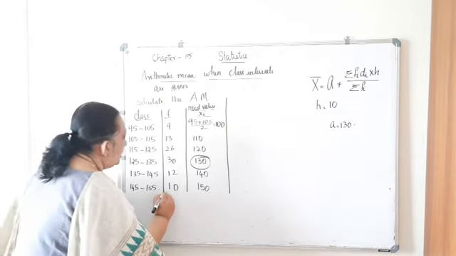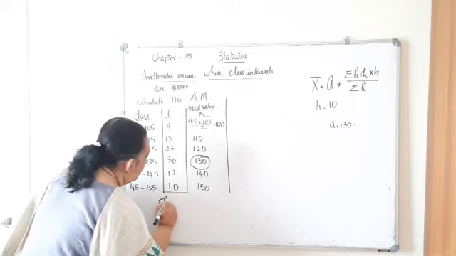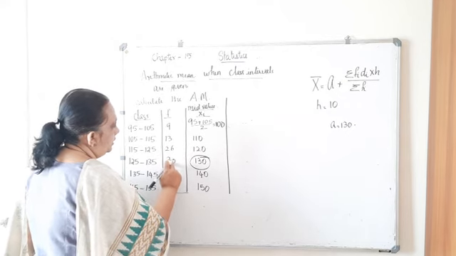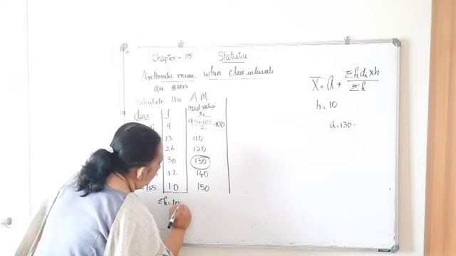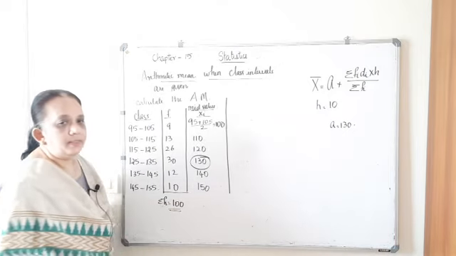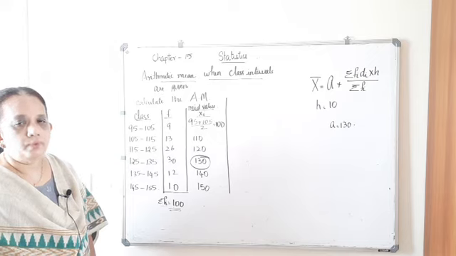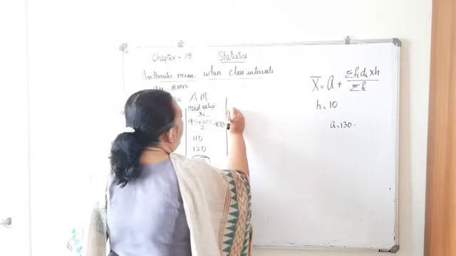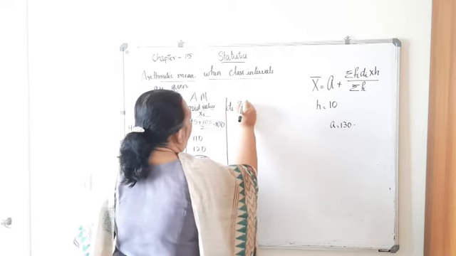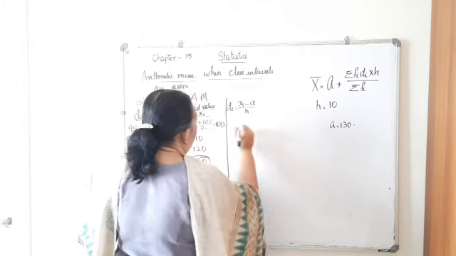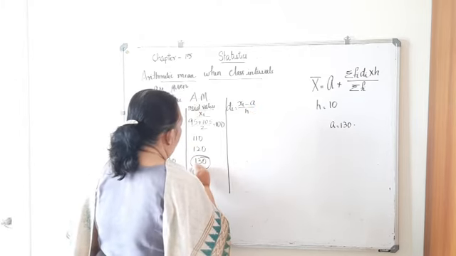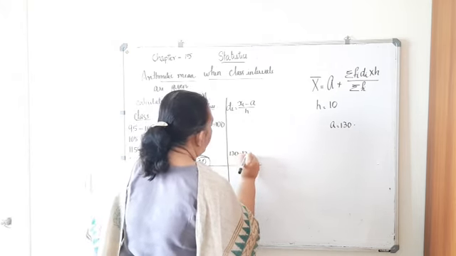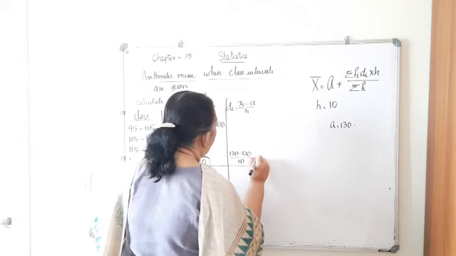Now let us find out sigma Fi. Sigma Fi is equal to 100. A calculator is very important when you have to do problems with statistics. Now the next one will be di. What is di? Di is equal to xi minus A divided by h. That is 130 minus 130 divided by 10, equal to 0.